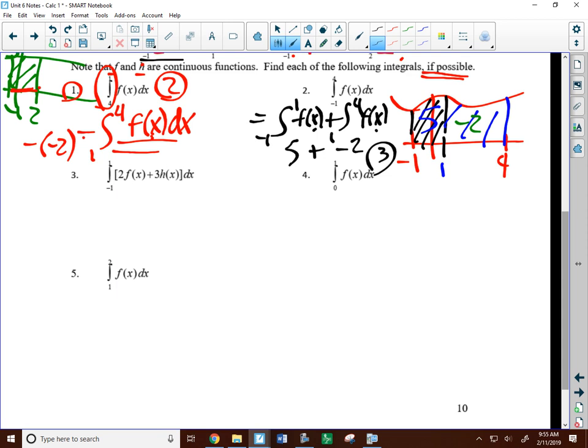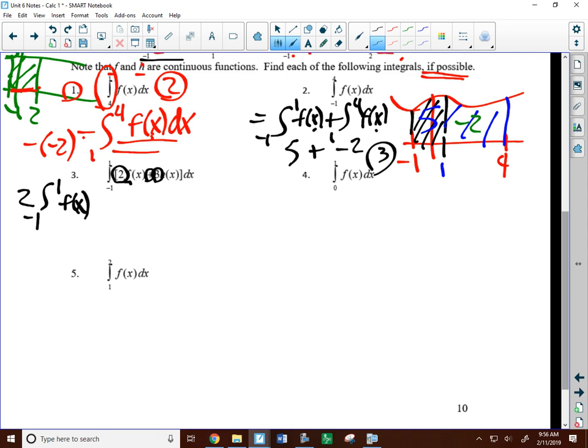Now, what we should see here is there's a 2 in front. Constant. So we're using number 4, the constant rule there. And 3 here as well. We're going to pull that 3 out. Because there's a plus, we're also using the sum and difference rule. The sum rule, which says we can do each one separately. So basically, I'm going to break this up into this. I can pull the 2 out and do the area under the curve from -1 to 1 of f of x.